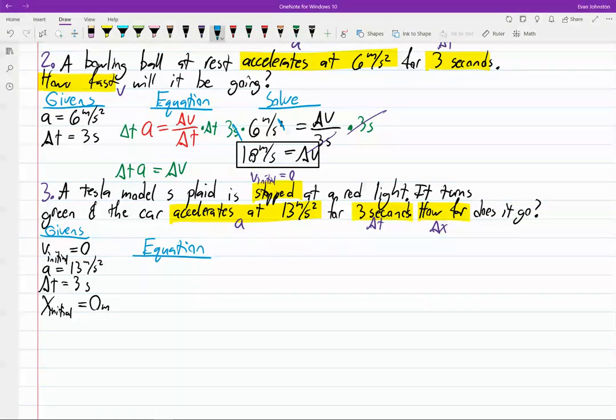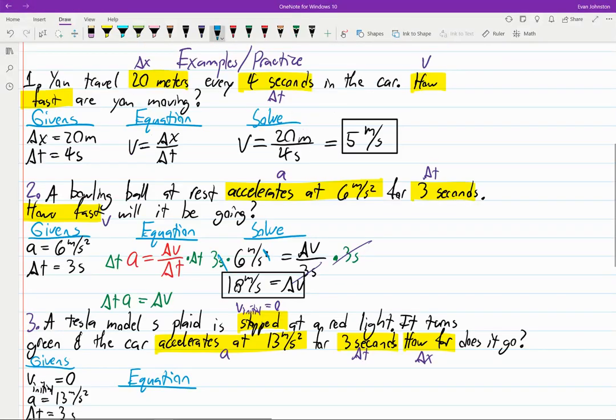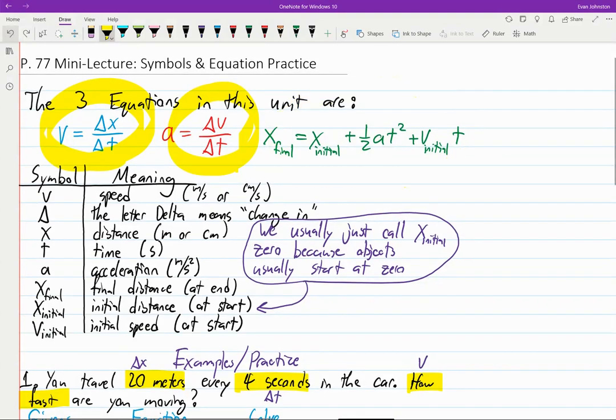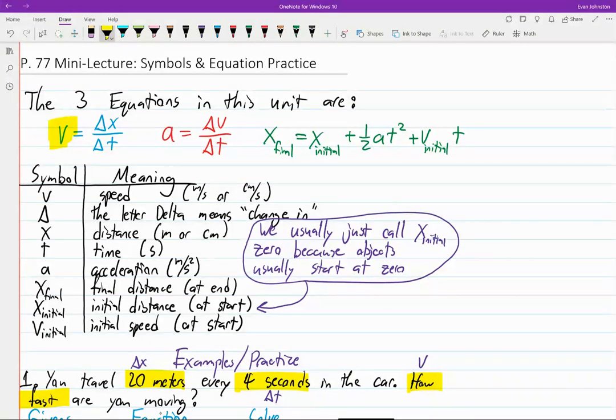Now we're trying to find x. Looking at these right off the bat, the first one has x, the second one doesn't even have x, and the third one has x. So the second one is off limits, and it's either the first or the third. The first one looks a lot easier to me. If we know the speed and the time, we can find how far it went.